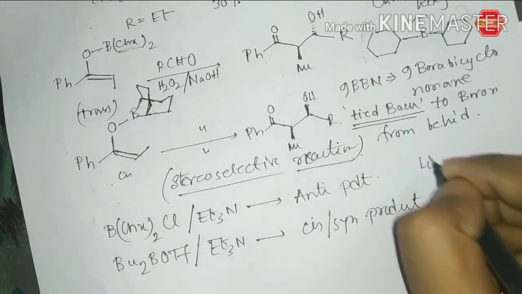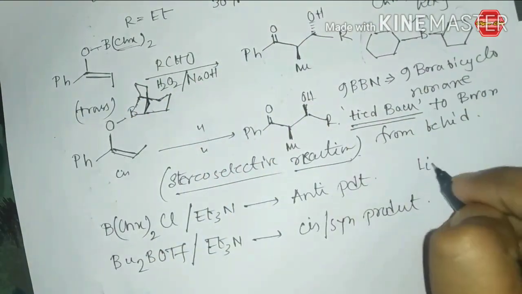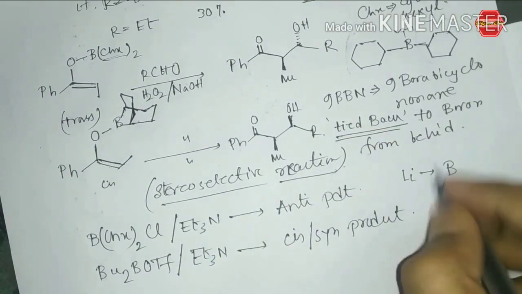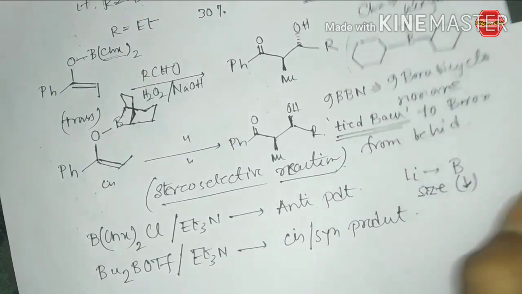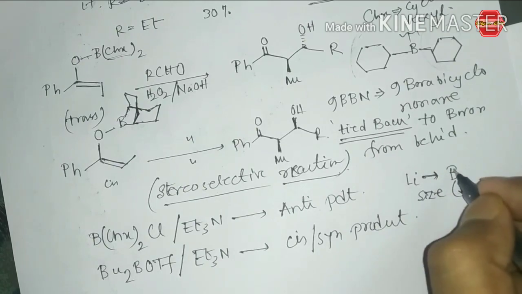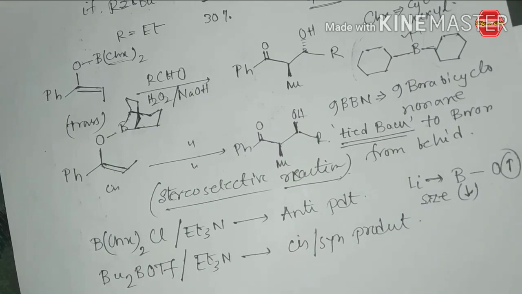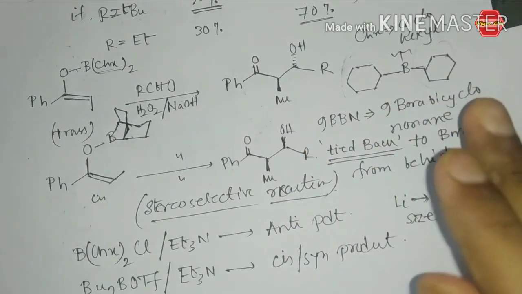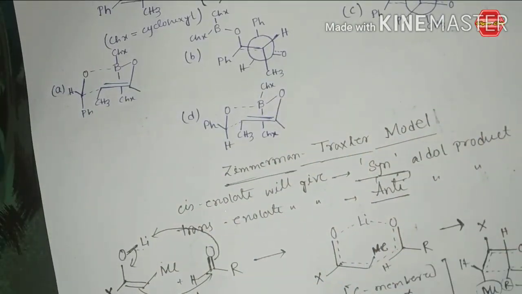We know that when going from lithium to boron, from left to right on the periodic table, size decreases. So lithium is larger compared to boron, and boron can bind tightly with oxygen. That's why these different things occur. Okay, I think I'm done with all these things related to the Zimmermann-Traxler model.